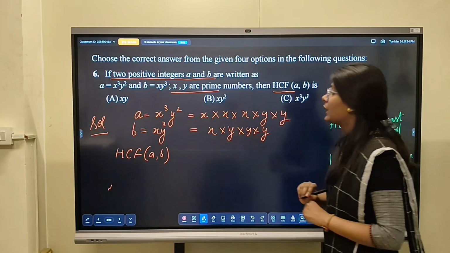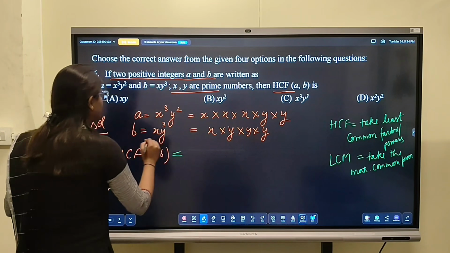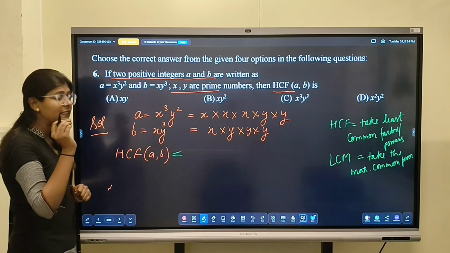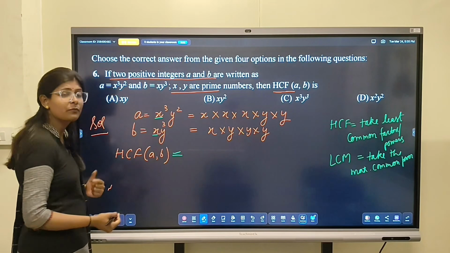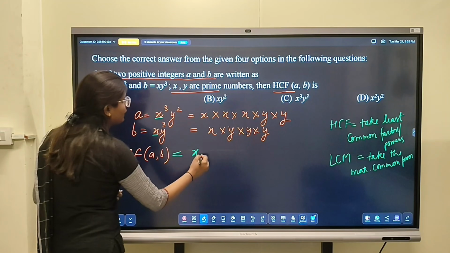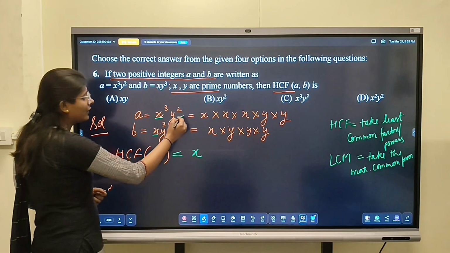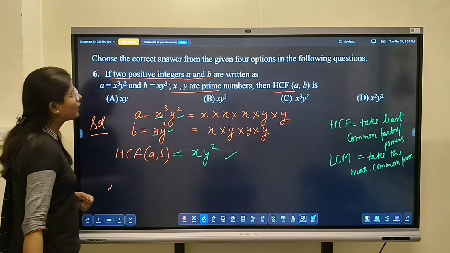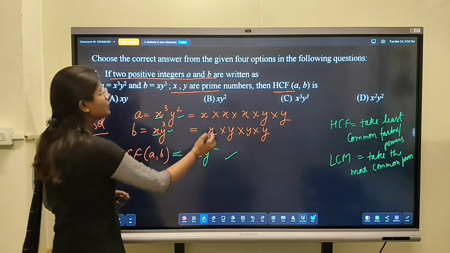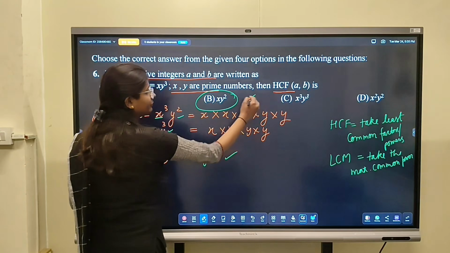Right? Considering this, if you are finding the HCF, what is the least power of x here? See, it is x cube, this is x. What is the least one? Yes, single power x. And for y square and y cube, y square. So x y square will be the correct answer, and that is option number B.